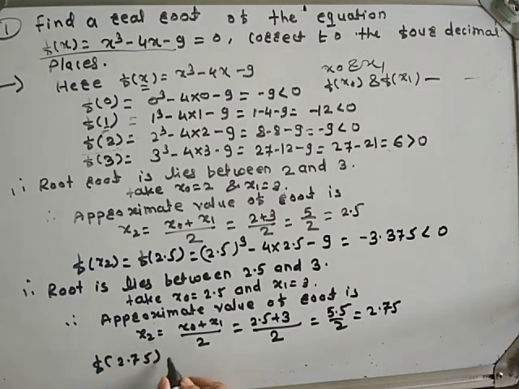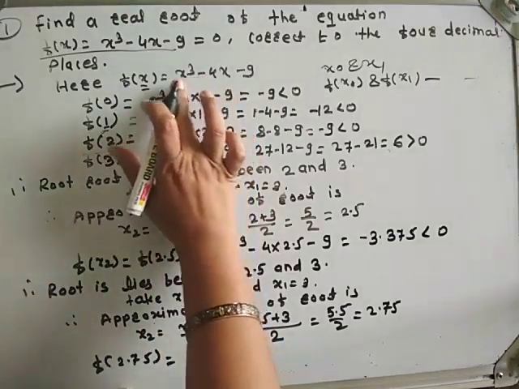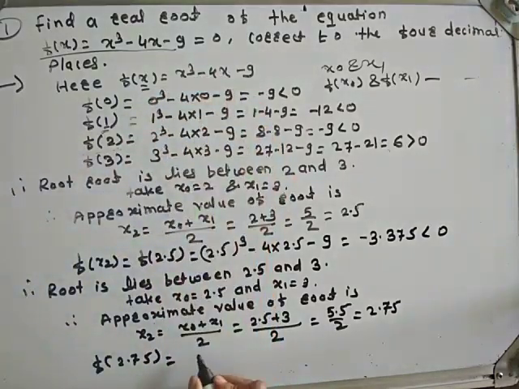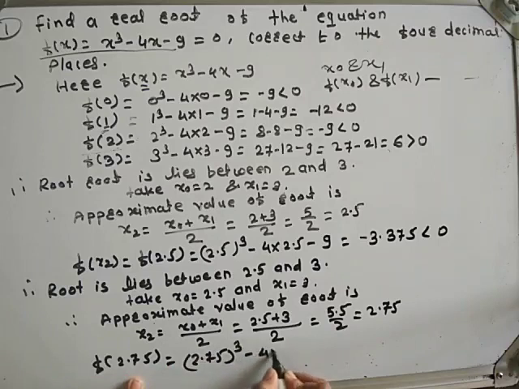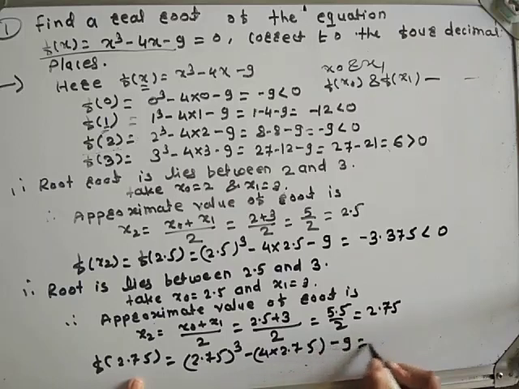F of 2.75, that is f of x2, where f of x is x cube minus 4x minus 9. Therefore, f of 2.75 equals 2.75 cube minus 4 into 2.75 minus 9.